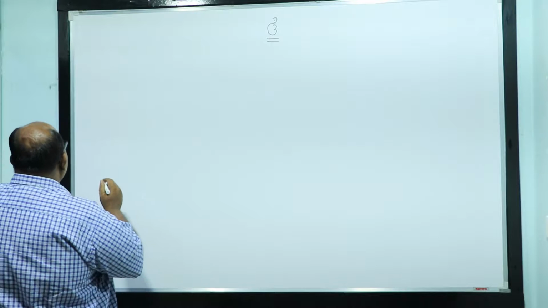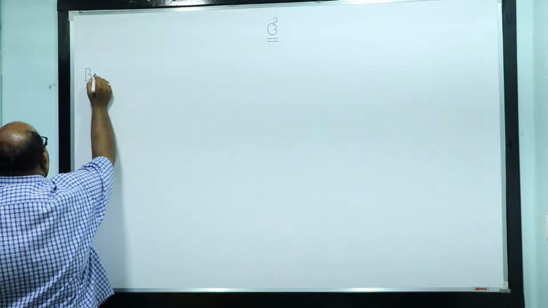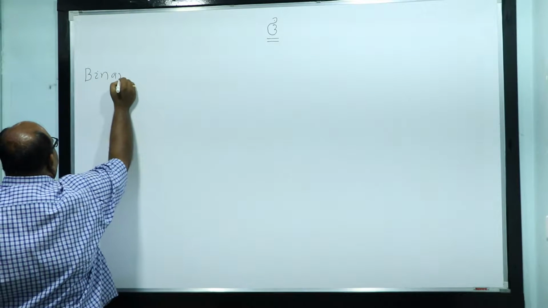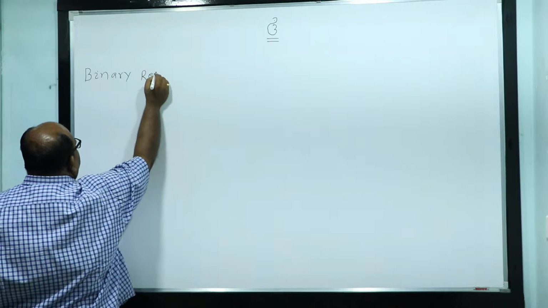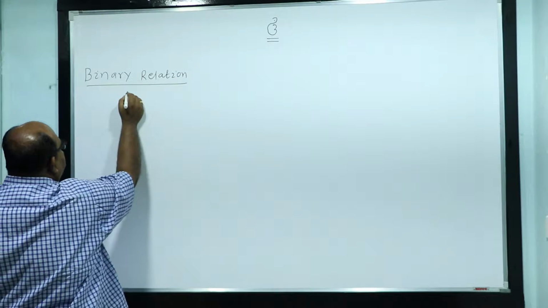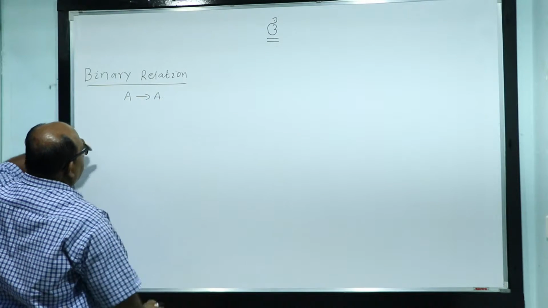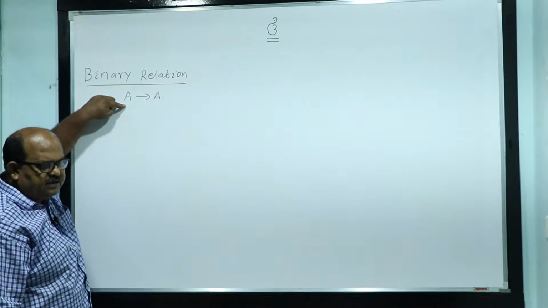The first term of 12th syllabus is binary relation. Binary relation, a very simple word. It is a relation from set A to set A, that is the same set.